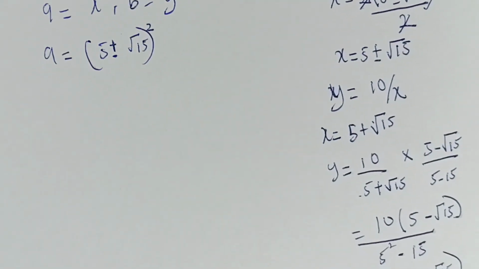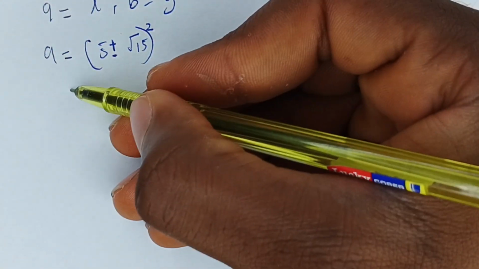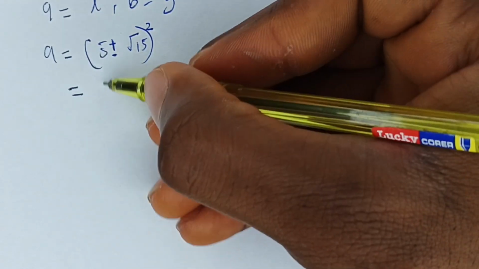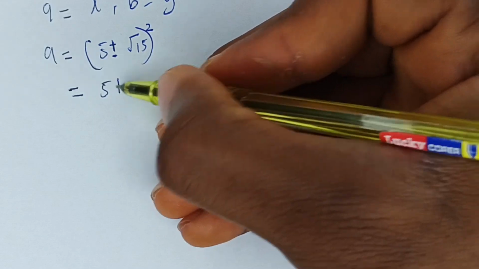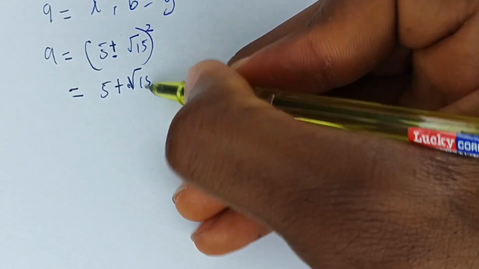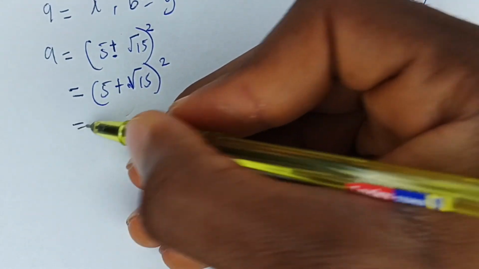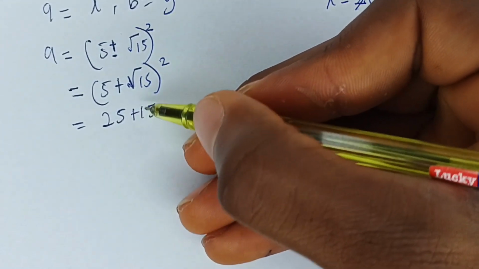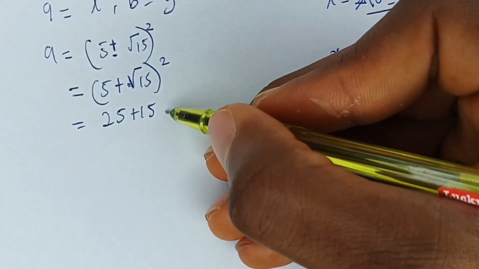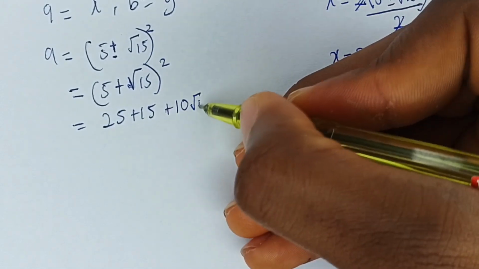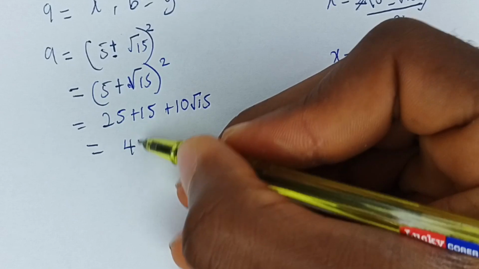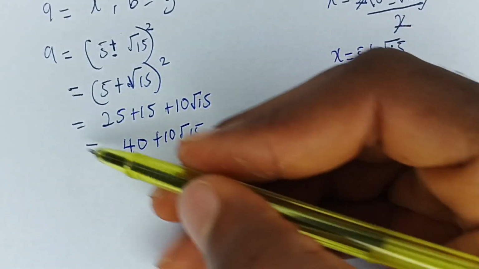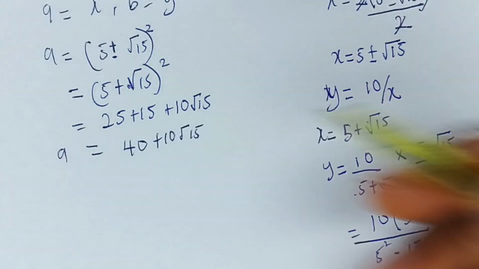Let's simplify that. When it's 5 plus root of 15 squared, this becomes 5 squared is 25, root of 15 squared is 15, and 5 times 2 is 10 times root of 15, which is 10 root 15. So this becomes equal to 40 plus 10 root 15. Recall that these are values for both a and b.